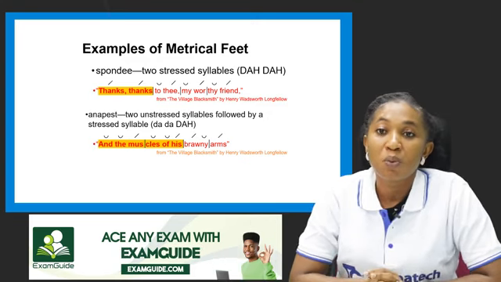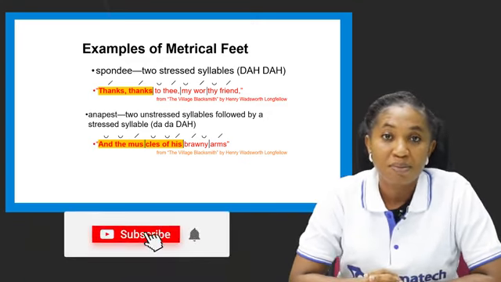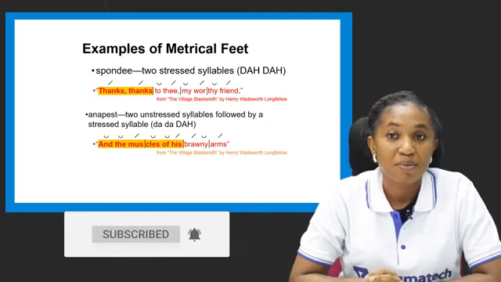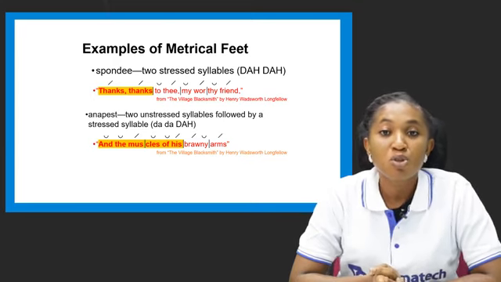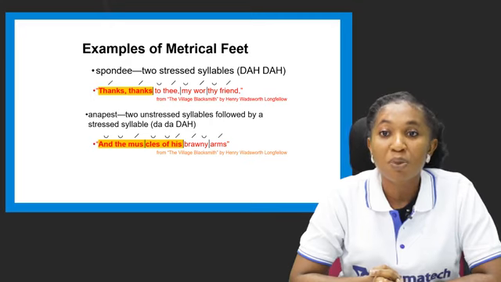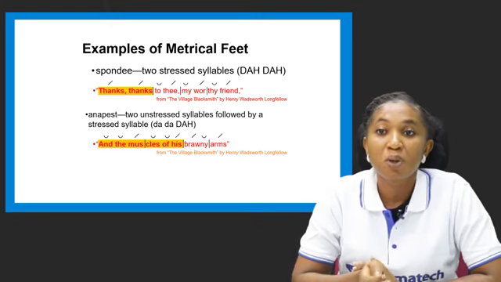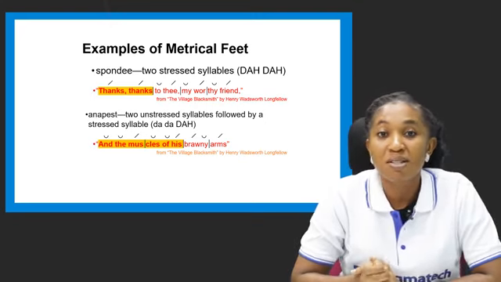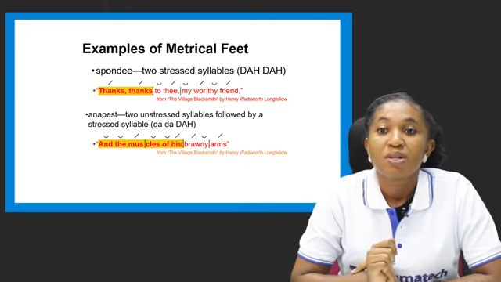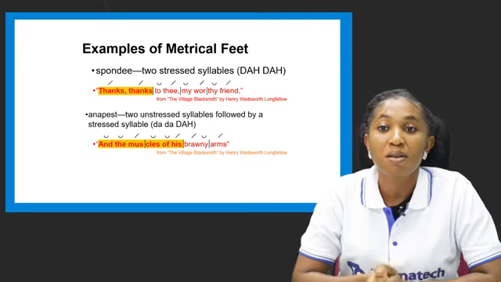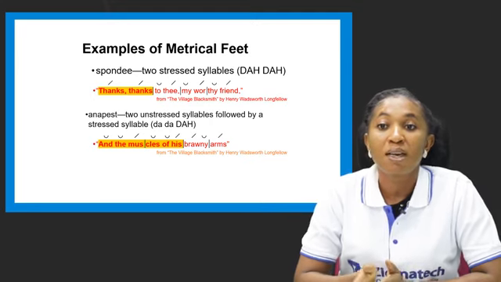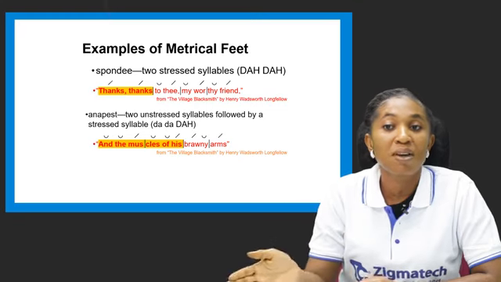Then we also have another one called anapest. What do we mean by anapest? An anapest is simply 2 unstressed syllables followed by a stressed syllable. So for example, we have and the muscles of his brawny arms.